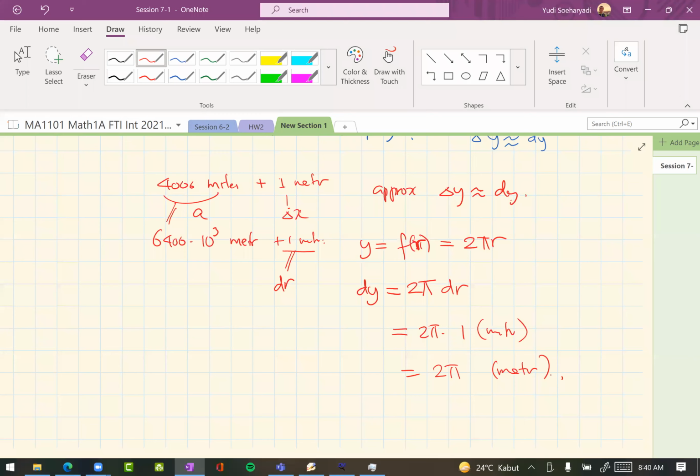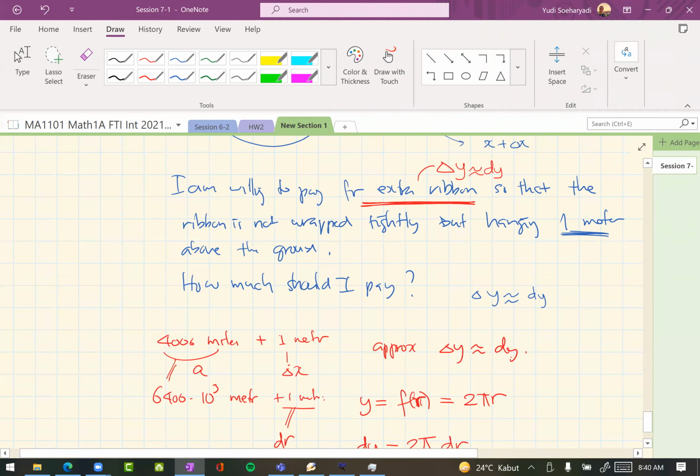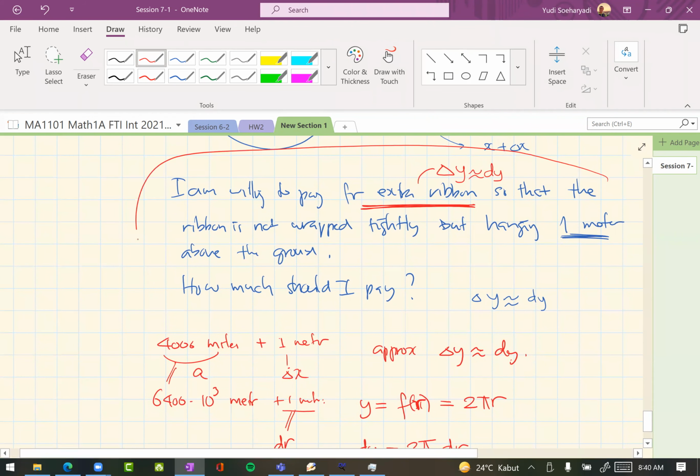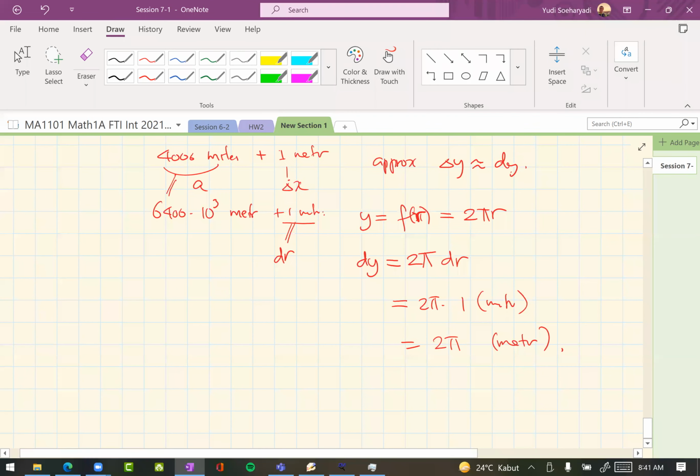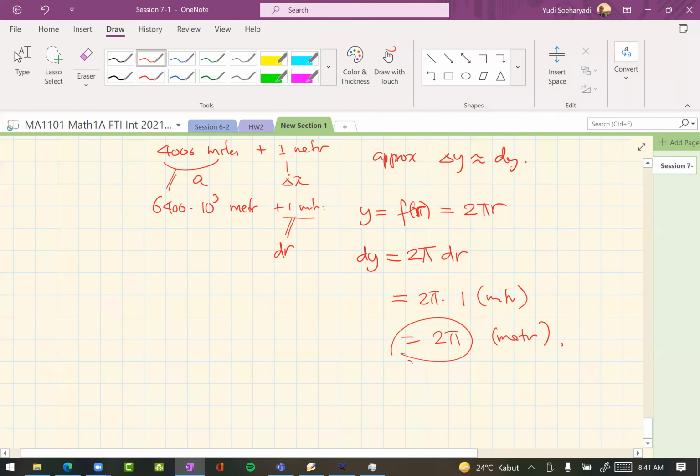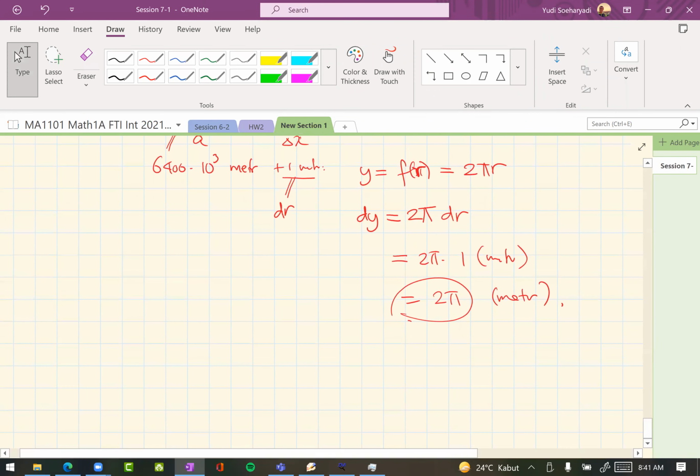So it turns out that you don't have to pay a lot for that extra length. It's only slightly more than 6 meters. About 6.8 meters of extra length.